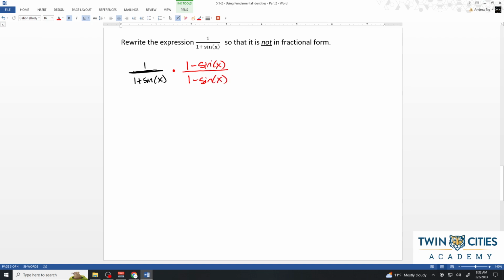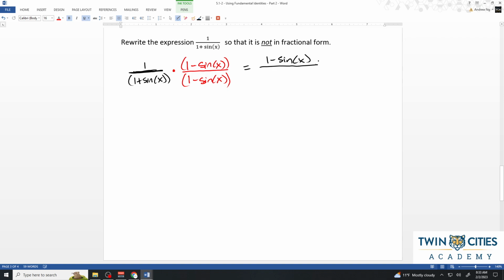So again, this is just 1, right? 1 minus sine of x over itself is going to be 1. Now, why would I do that? Let's see what this gives me. The top part is, well, 1 times this, that's just going to be 1 minus sine of x. So I've got 1 minus sine of x on top.